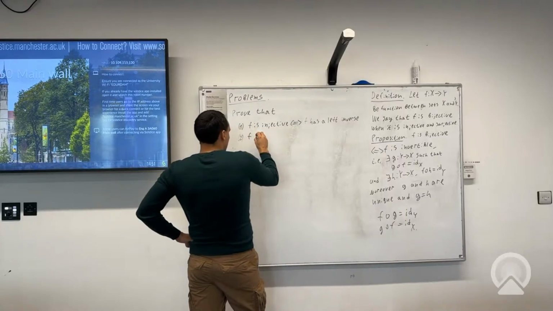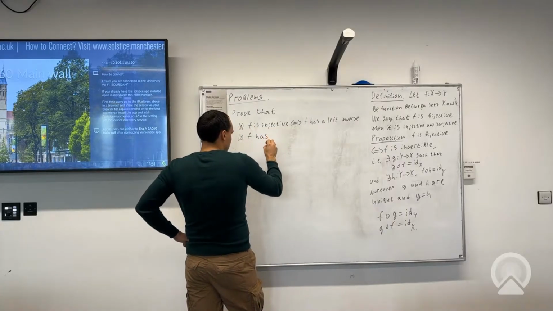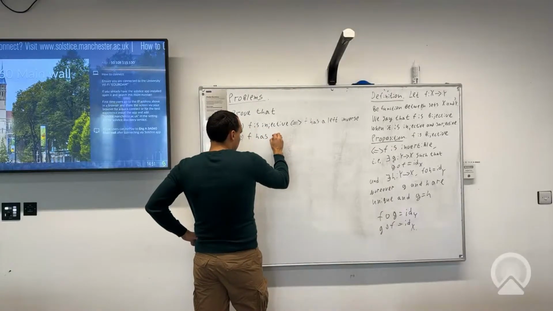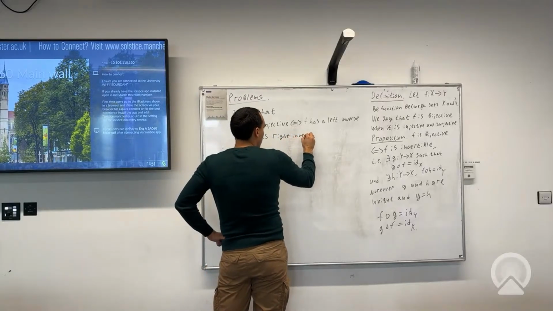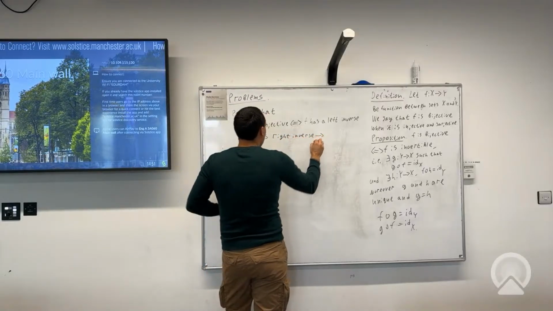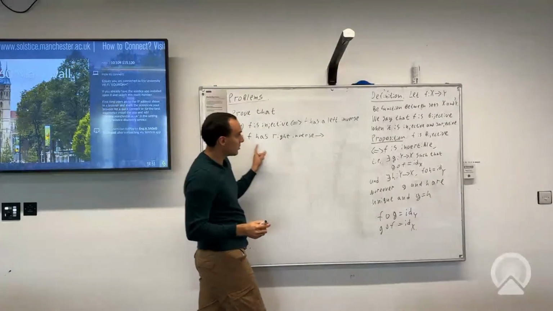If F has a right inverse, then F is surjective.